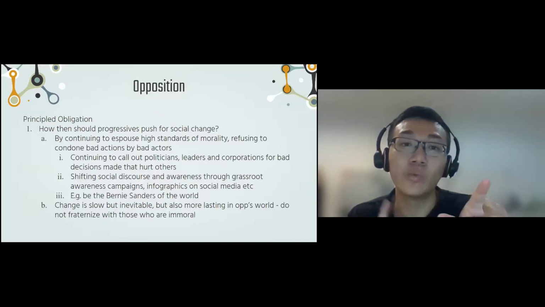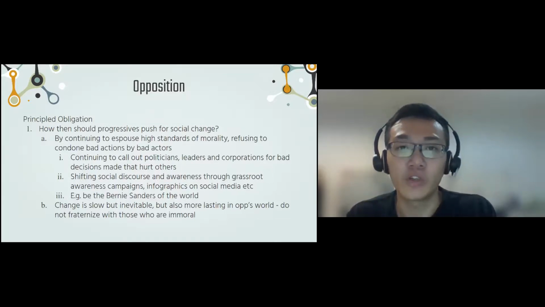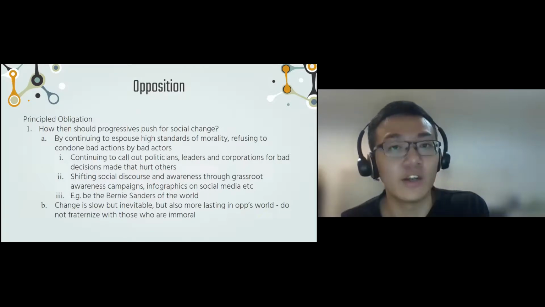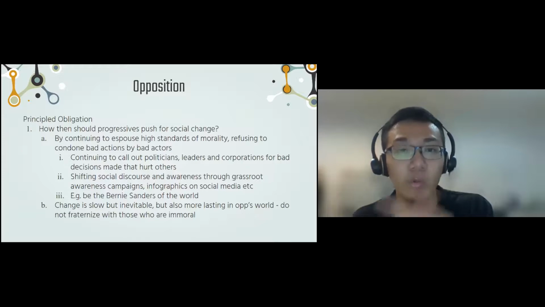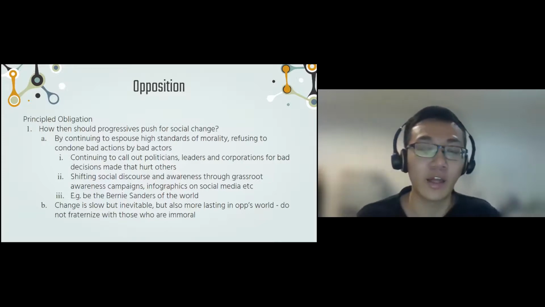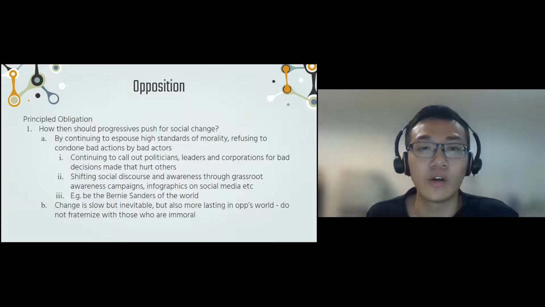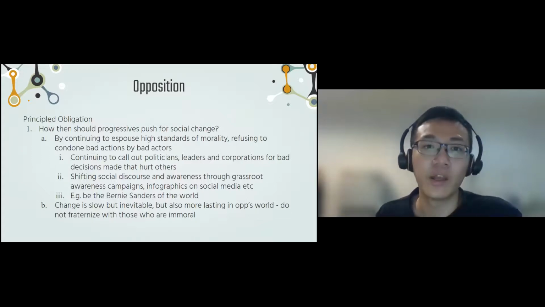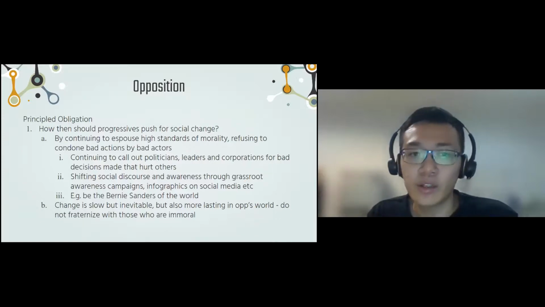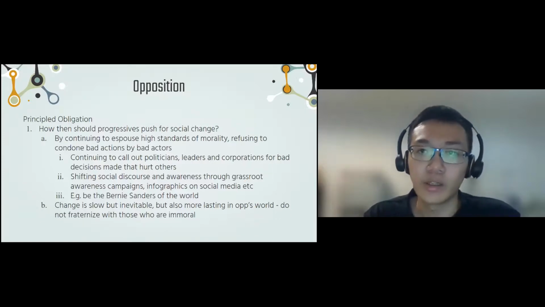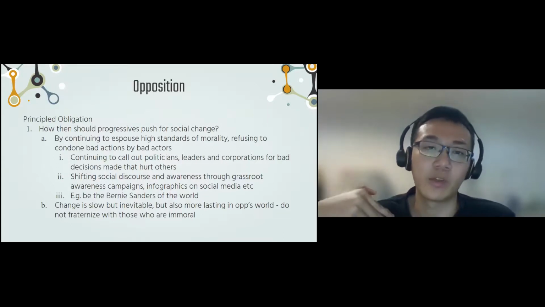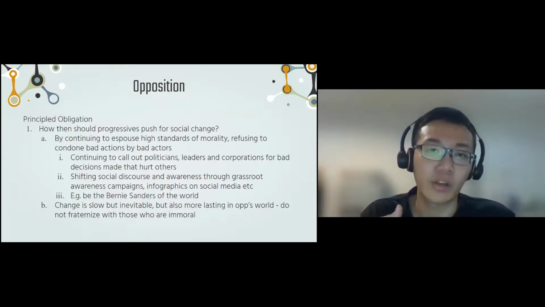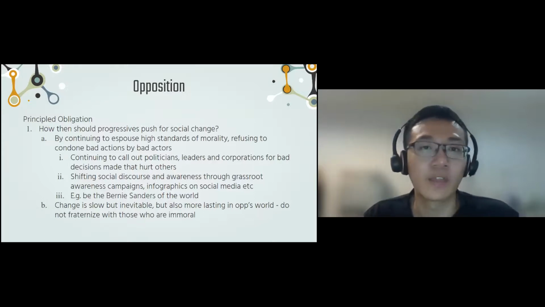It also weakens the movement's capacity to push for change in the future, whereas you get more lasting and sustained change in opposition if you maintain your stances and your high standards of morality and not interact with a lot of people that you deem to be negative. Thus, proving the burden that abandoning moralism creates more harms than benefits, or at least worse harms comparative to benefits, which means that progressive people probably shouldn't do that at the end of this debate.